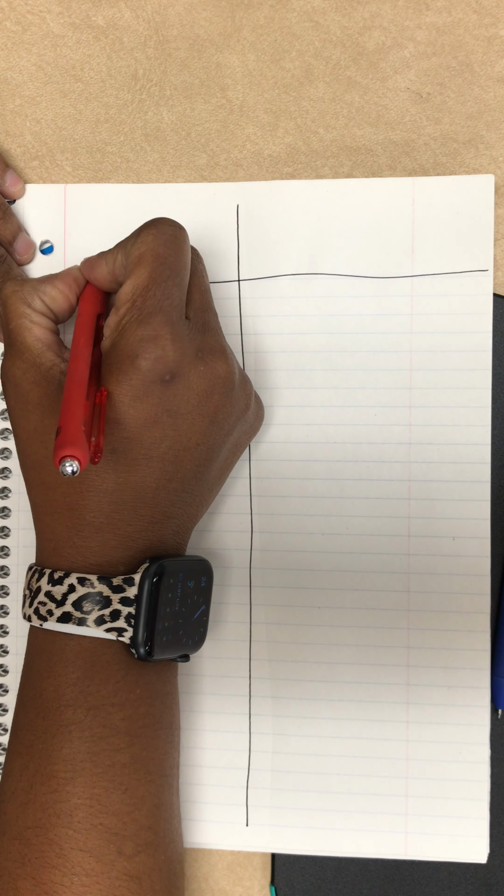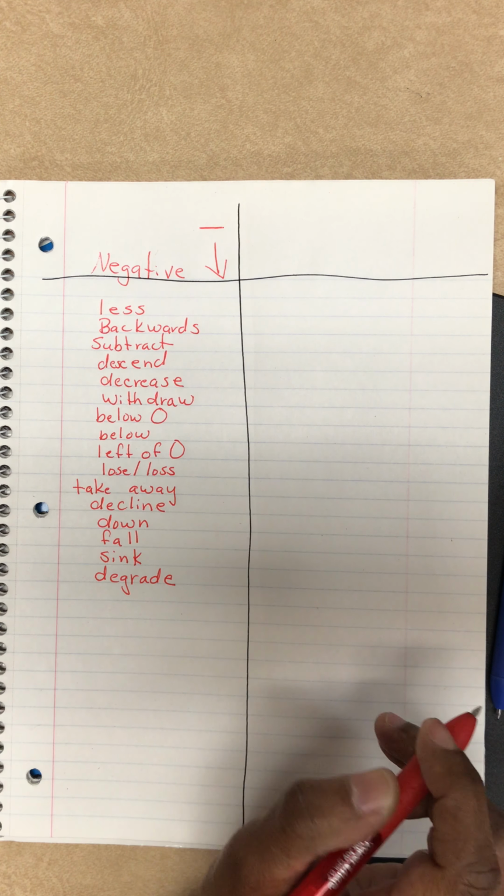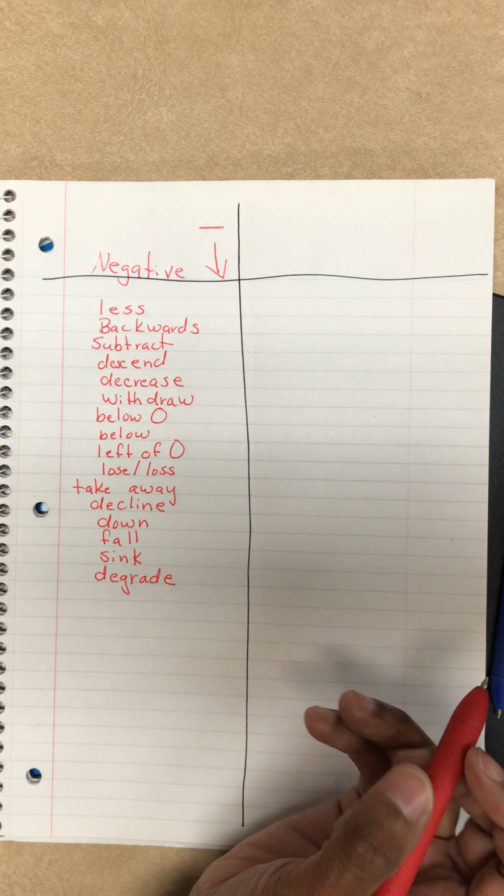Degrade. Also with that, there's some other words we'll talk about. These are going to be helpful words to know when we do word problems. So please keep that in mind, and we will be doing word problems throughout the lesson, okay?